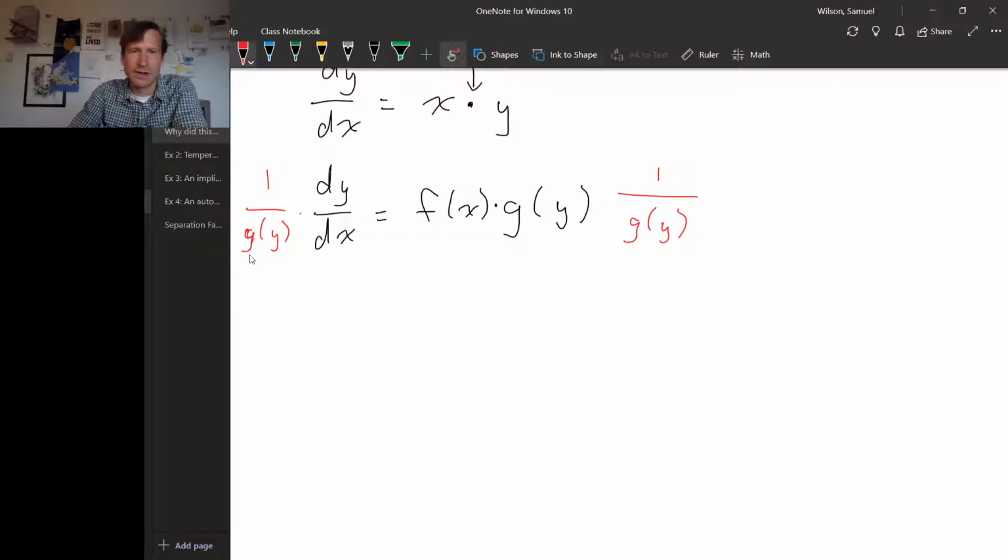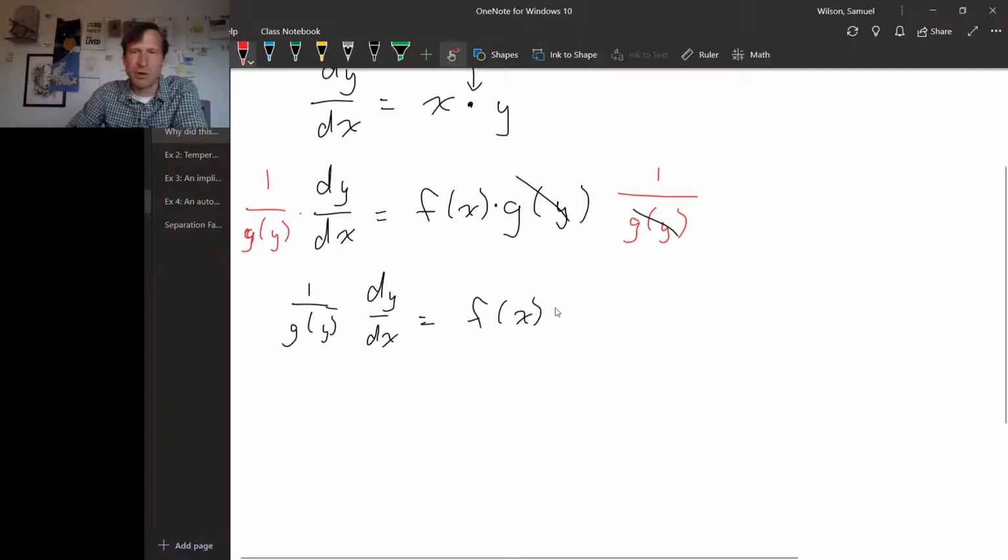So on the right-hand side, the g of y cancels. So now we get 1 over g of y times dy dx equals f of x. And now we're going to multiply both sides by dx, just like we did before. And that makes the dx on the left simplify away.